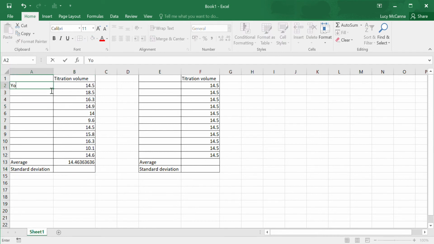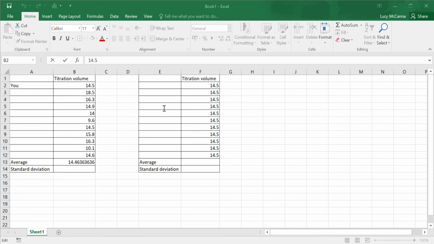I'm imagining that this first data set is you, for example. So taking the average can tell you that when comparing your result to the rest of the class as a whole, your result was close to the average. That might be useful when talking about the repeatability of your measurements.